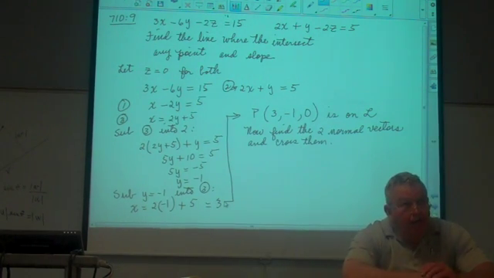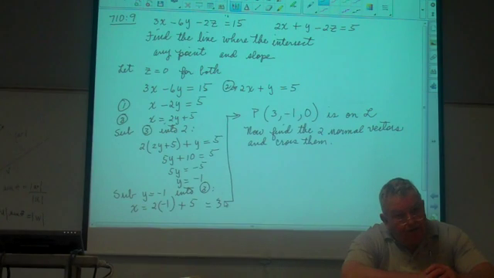So I'm going to take a vector that is perpendicular to each of the planes, and then I'm going to find a vector that is perpendicular to both of those vectors that are perpendicular.